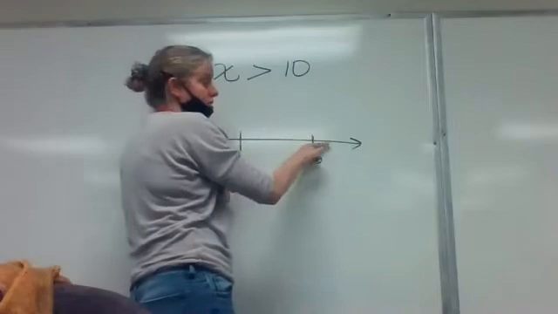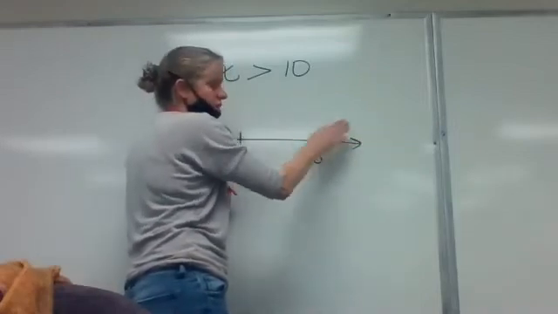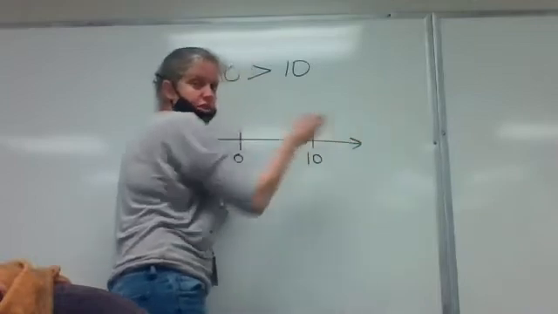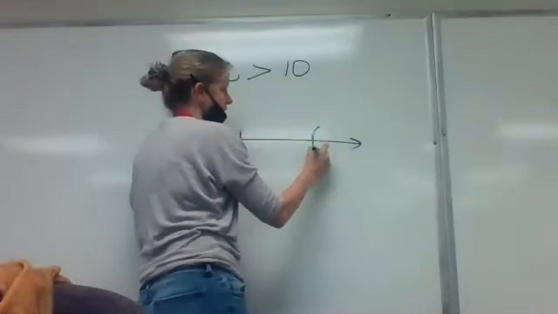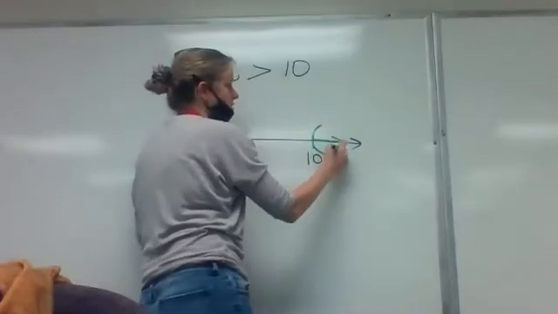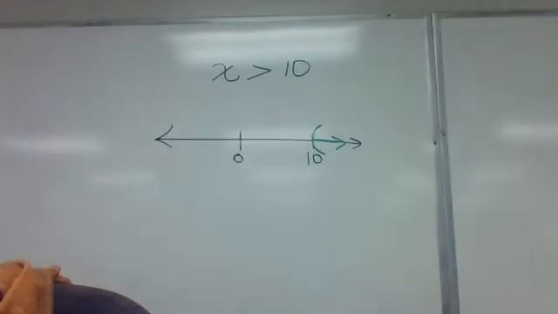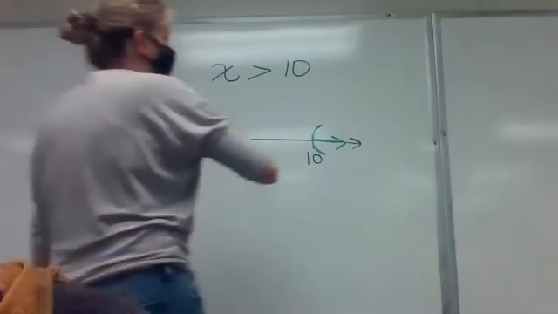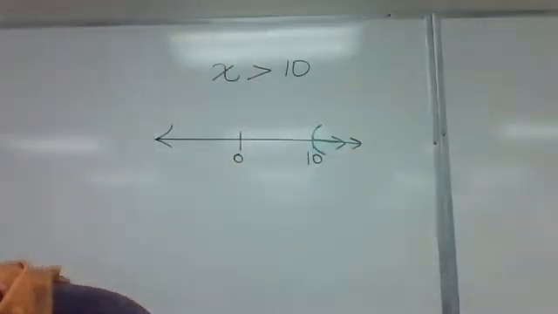All the numbers that are greater than 10 are on this side of it, right? Because I go from 10 to 11, 12, 13. So I'm going to have a parenthesis with an arrow to the right. Those are all the numbers greater than 10. Every number that's to the right of 10 on the number line is greater than 10.